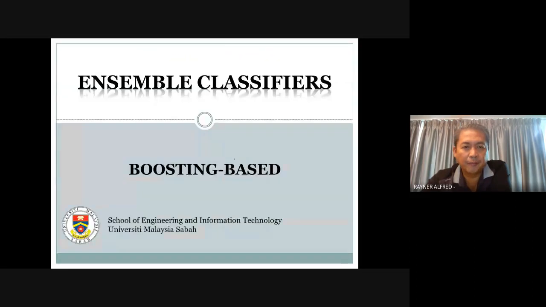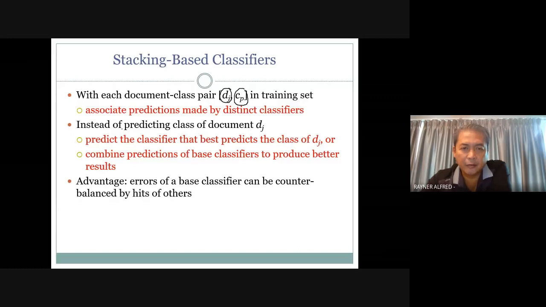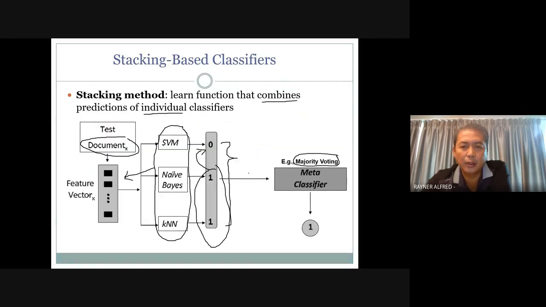So instead of predicting the class of Dj, the document, we predict the classifier that best predicts the class of Dj. Which means that we look into this based on the majority voting, and we take the classifiers that have 1 to be included in your meta classifier.